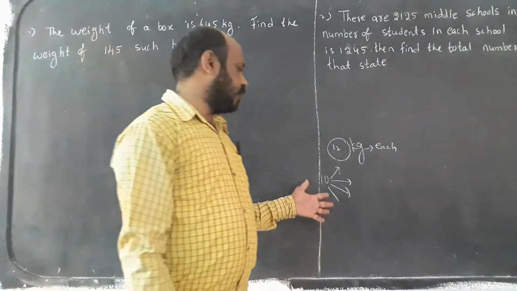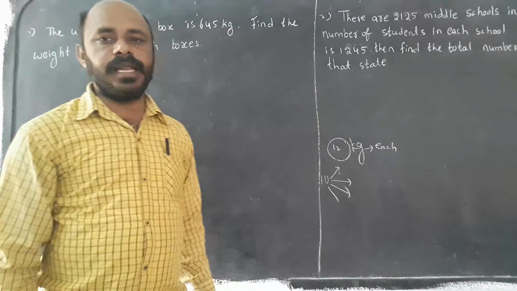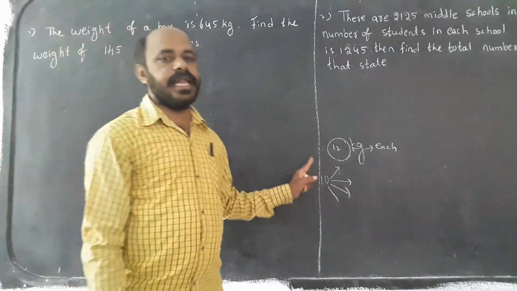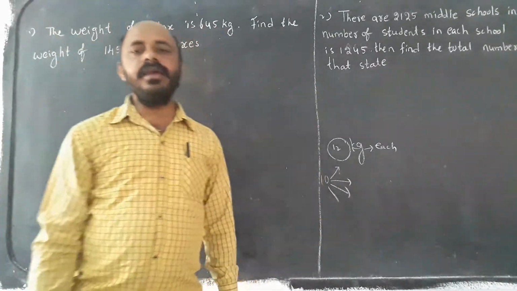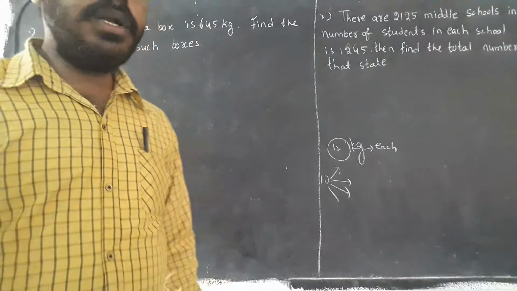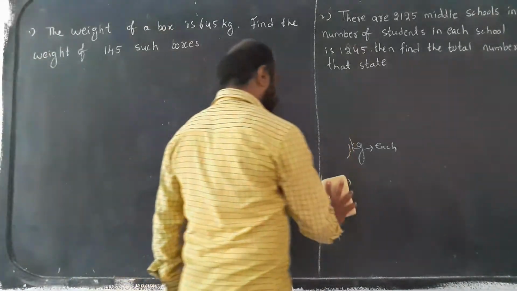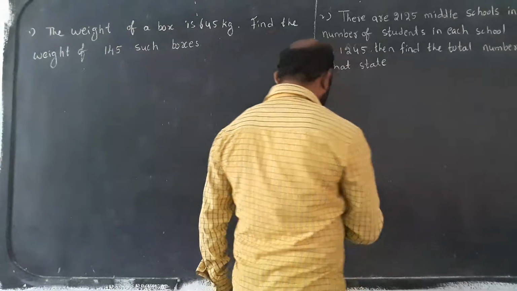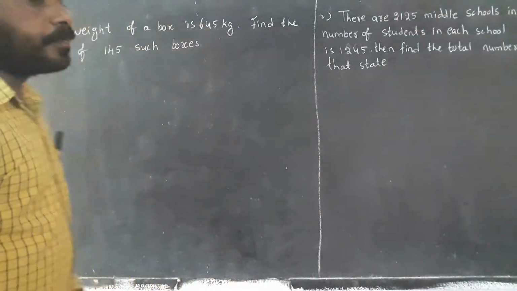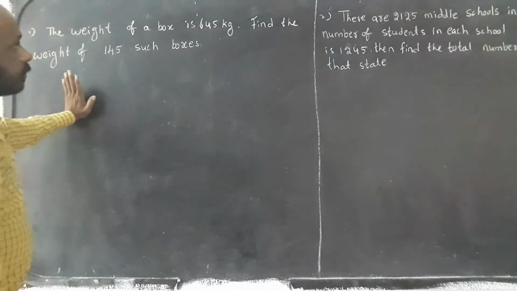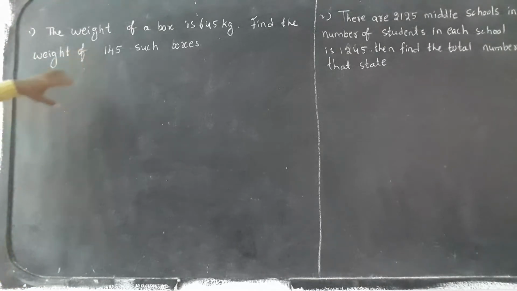Each boy is carrying 12, so 10 into 12 we get 120 kgs. All the students are carrying 120 kgs all together. Like that, we have to read the question clearly, then proceed.